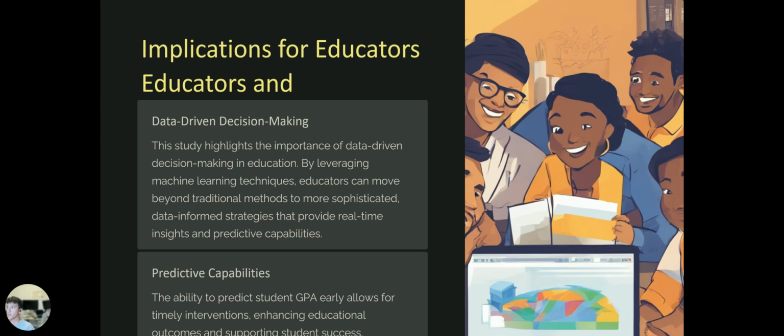This study highlights the importance of data-driven decision-making in education. By leveraging machine learning techniques, educators can move beyond traditional methods to more sophisticated data-informed strategies that provide real-time insights and predictive capabilities. The ability to predict student GPA early allows for timely intervention, enhancing educational outcomes and supporting student success.